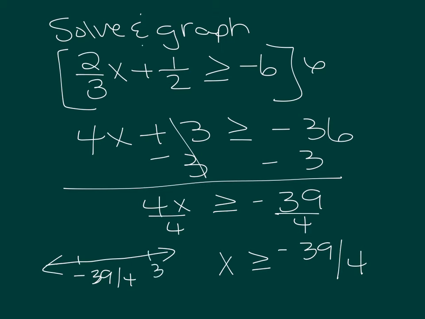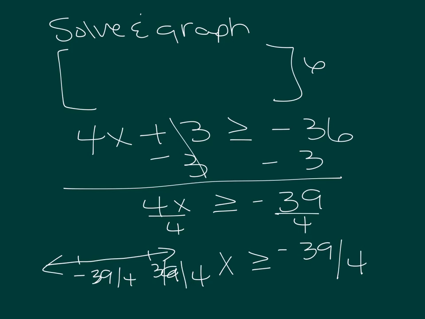And we would want to make sure that we put the negative 39 over 4, we'd want to say that it falls in between negative 9 and negative 10. I just didn't have room enough to write underneath the graph. It's going to be a closed circle and shade to the right.